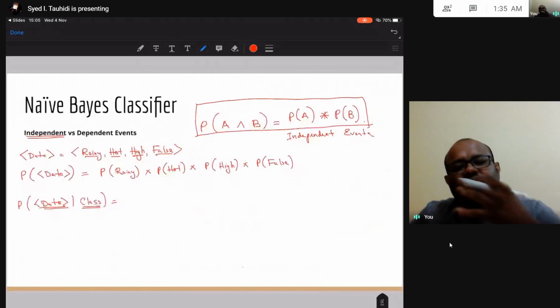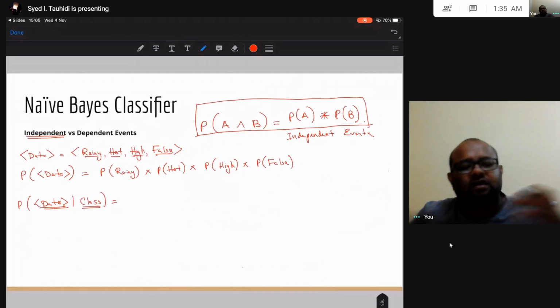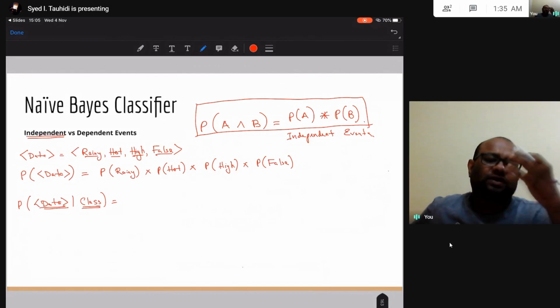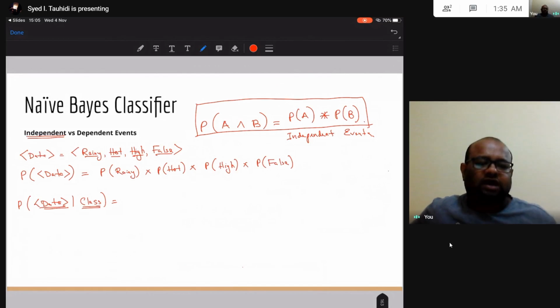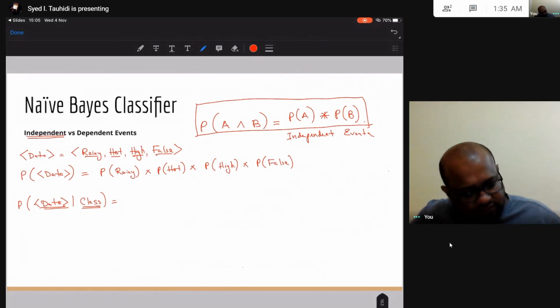Is it dependent on the humidity, or the temperature, or the wind situation given that he is playing tennis? These features were independent anyway. So given the outcome, these features are still going to be independent, right?